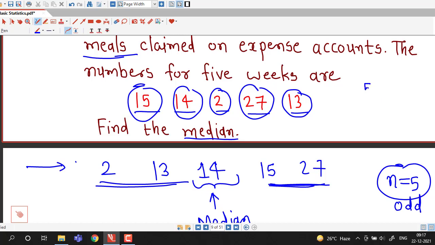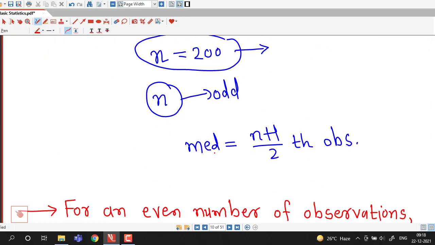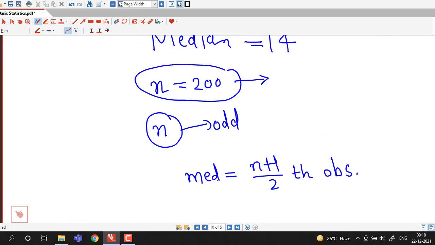So we can find out (n plus 1) divided by 2, that is 6 by 2. So median is at the number 3, or position of median is at third position, and we can see here third position is our median. So we can remember this formula that if n is odd, median lies at the (n plus 1) by 2th observation.